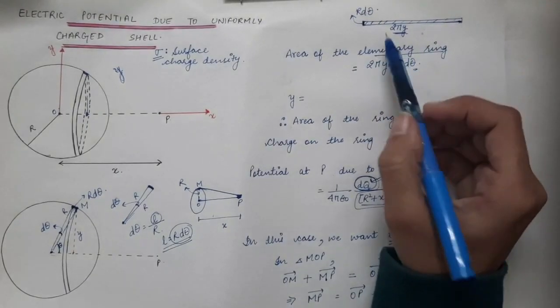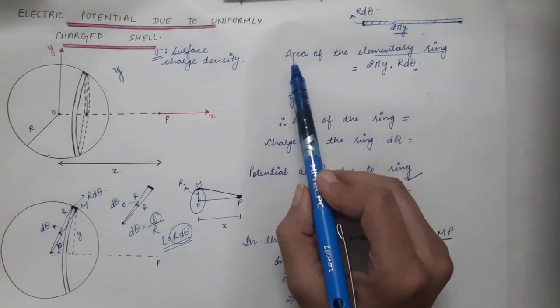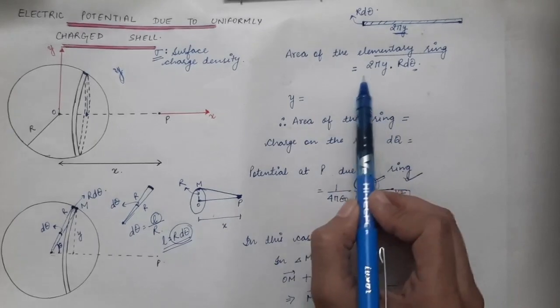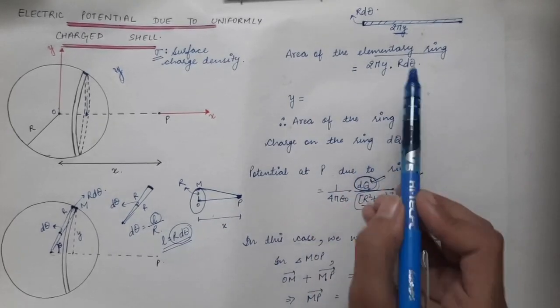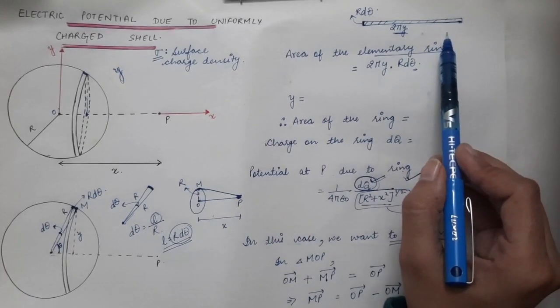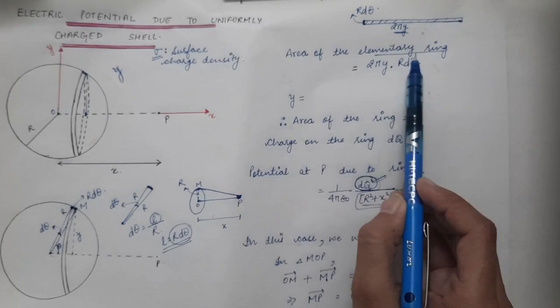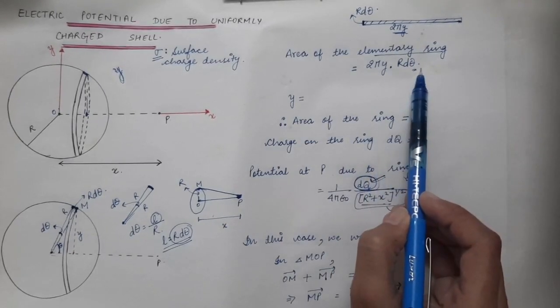In examination you do not have to draw this diagram, so directly you can write the area of the elementary ring equal to this expression. This is just in case you forget how to find the area.